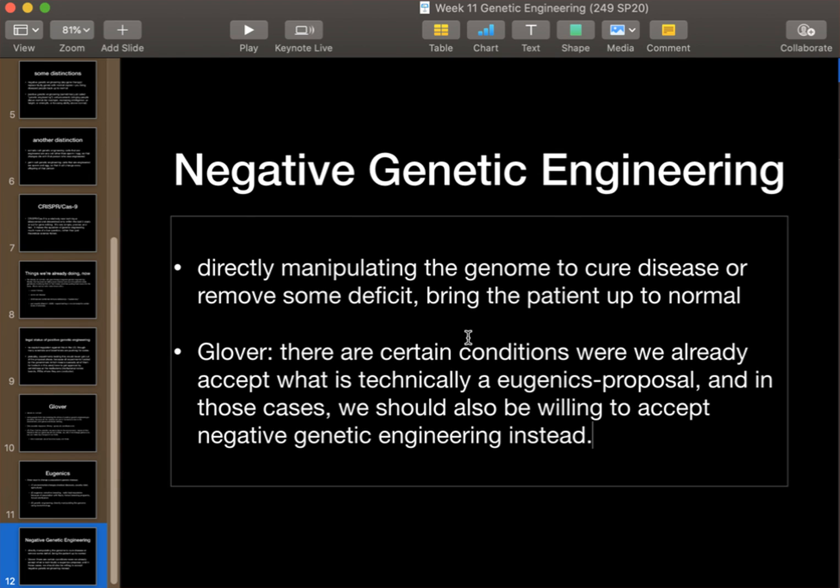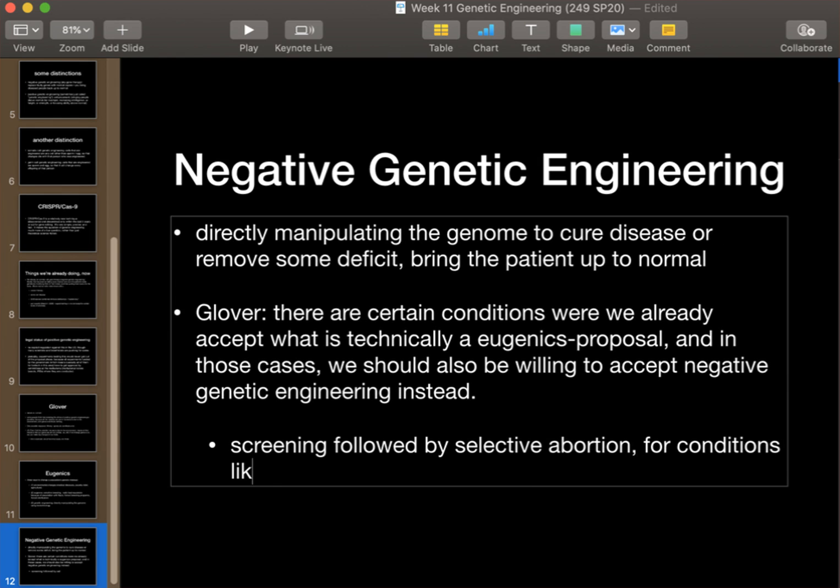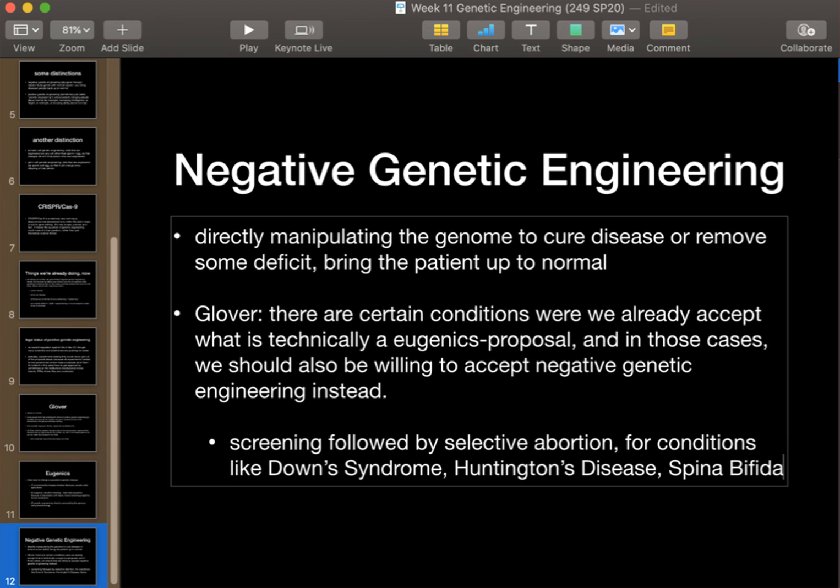One of the examples of this, he says, is screening followed by selective abortion for conditions like Down syndrome, Huntington's disease, spina bifida.